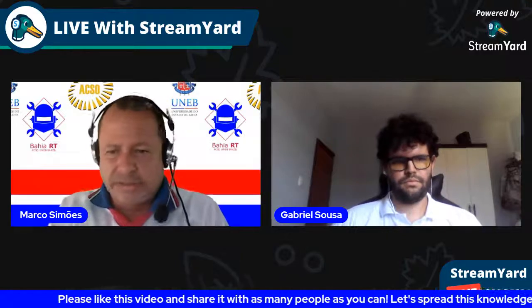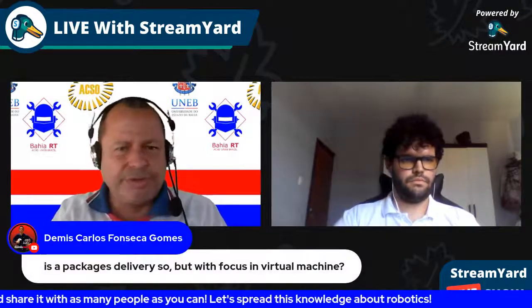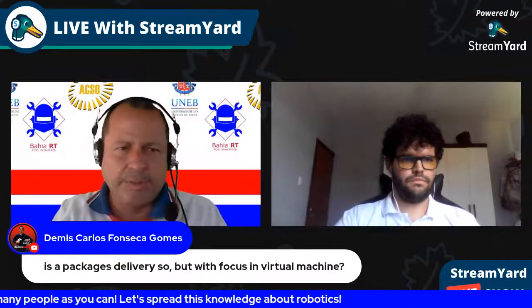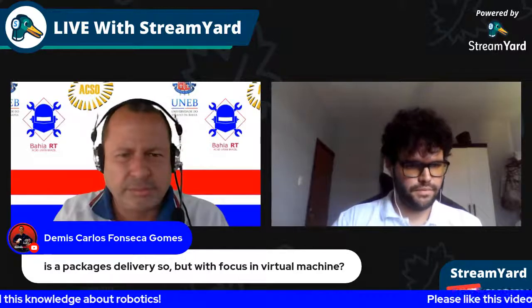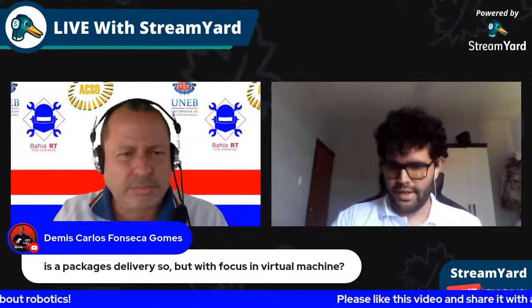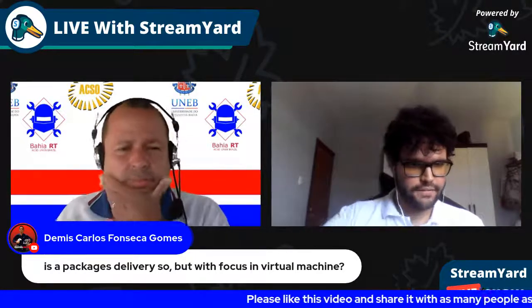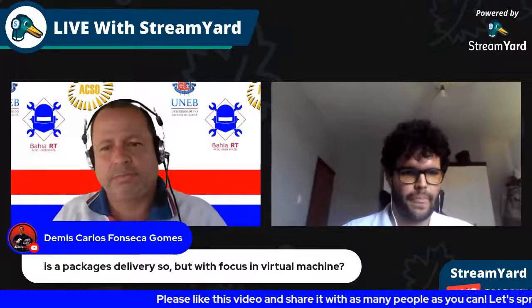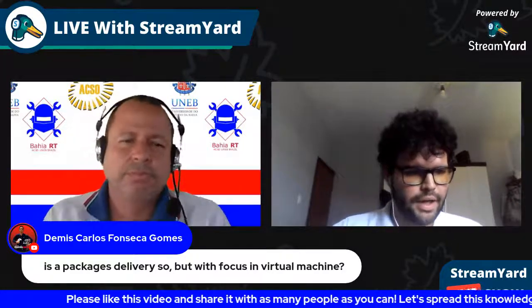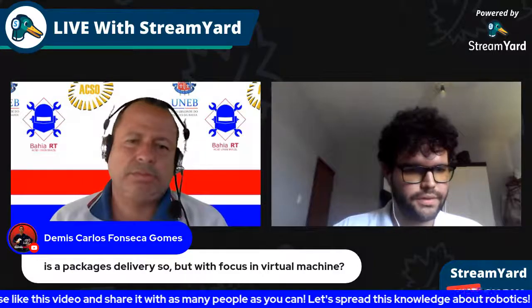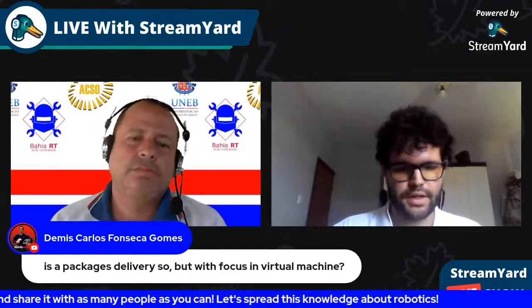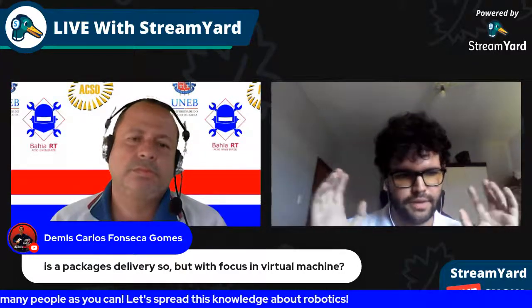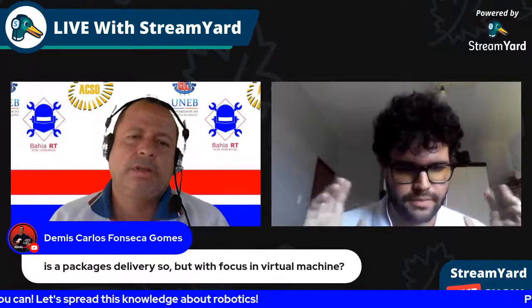There is a question here. Do you want to answer, Gabriel? He asked if there's a package delivery system, right? I'm not sure I can explain this because I don't have the idea of a package delivery system in my mind right now.